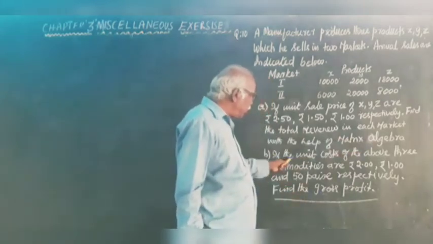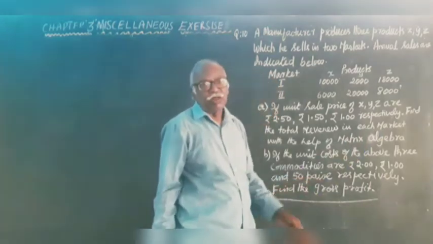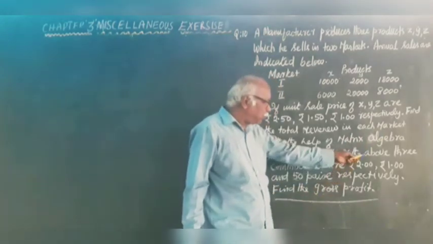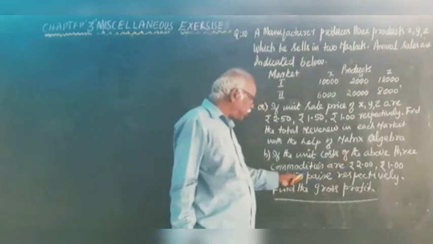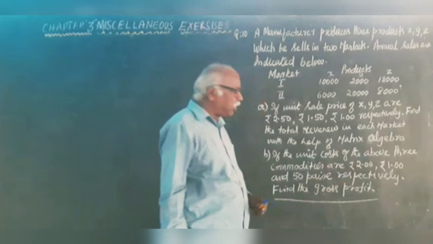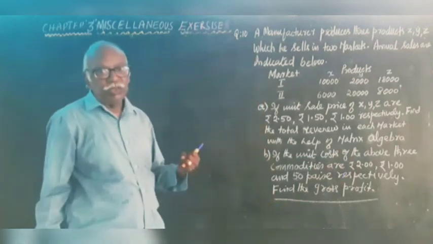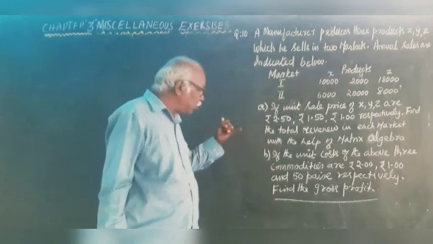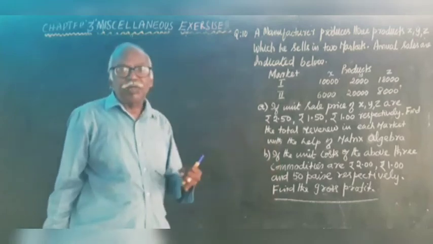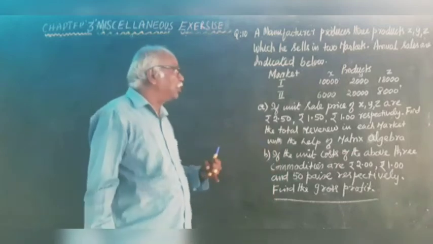Second, if the unit costs of the above 3 commodities are rupees 2, rupee 1 and 50 paise respectively, find the gross profit. We have to find the total revenue and the total cost. Then gross profit is total revenue minus total cost.